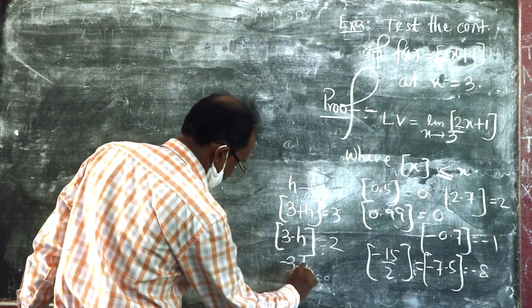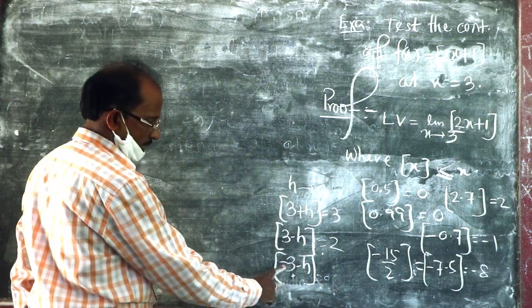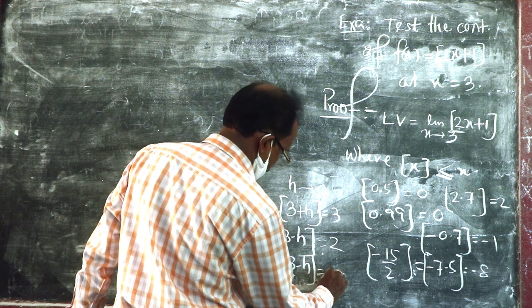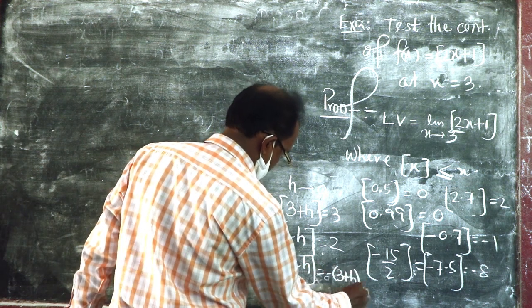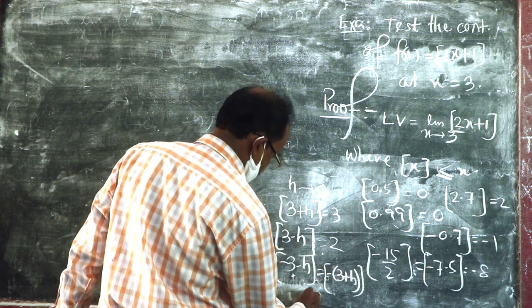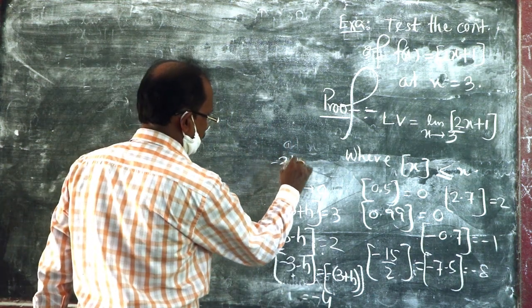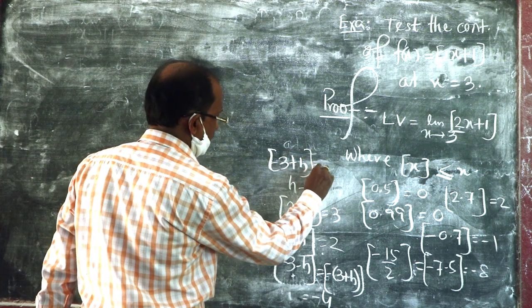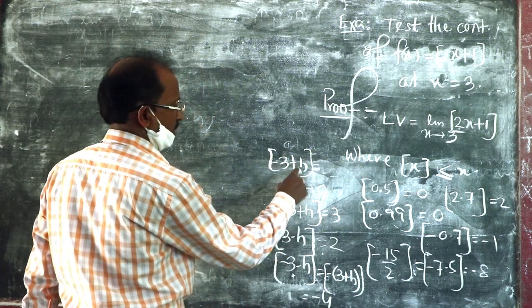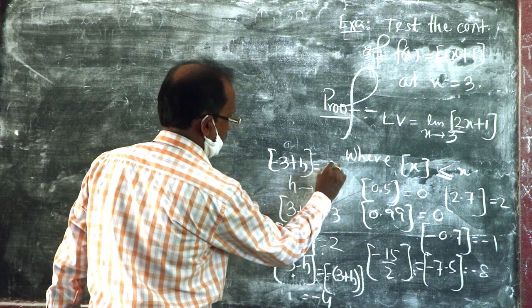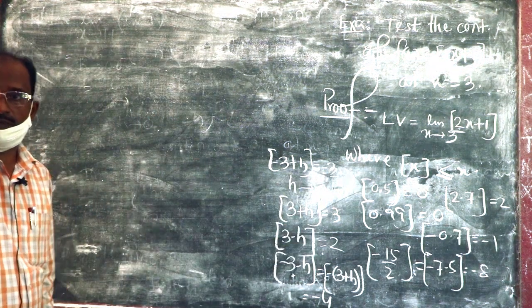Minus 3 minus h bracketed value, that is minus (3 plus h), whose bracket value is equal to minus 4. Minus 3 plus h bracket value is minus 3 plus 0 point something, that is minus 2 point something, that is equal to minus 3.